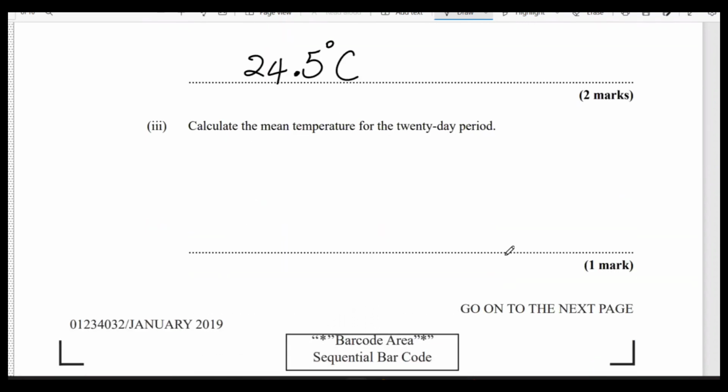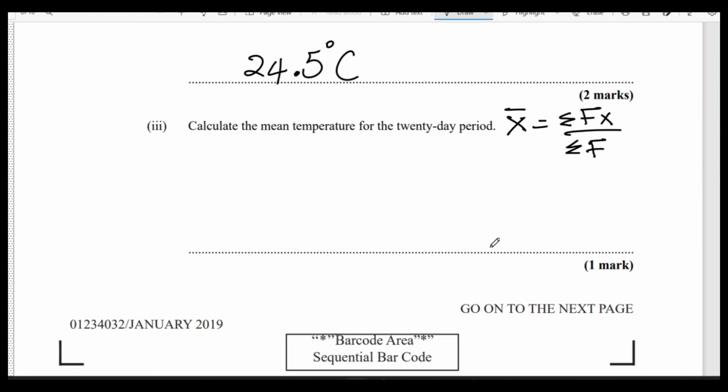The next question says, calculate the mean temperature for the 20-day period. The mean is what you call the statistical average. There's a formula: the mean, which I'll call x bar, is the sum of the fx column divided by the sum of f.